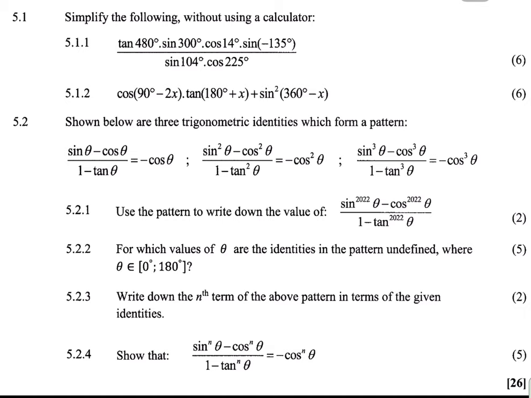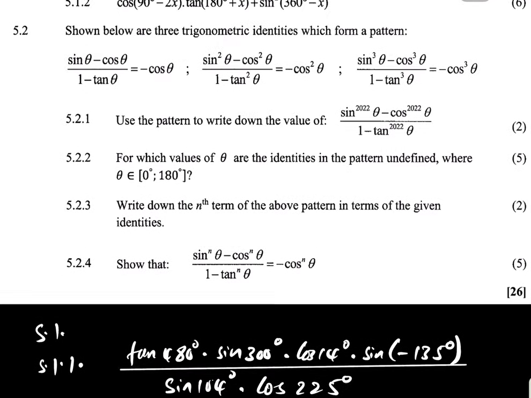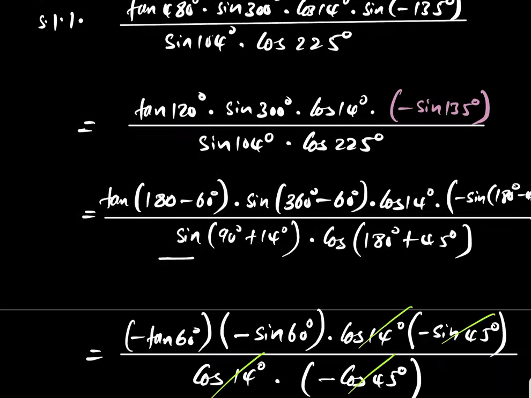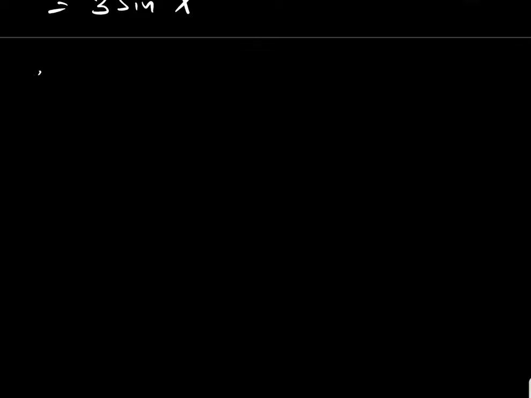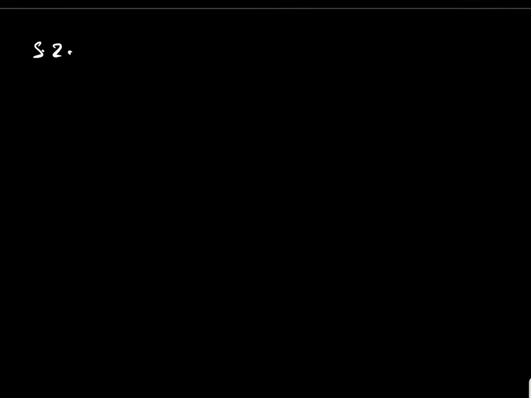So let's do that together. So that is sine of that. Okay. So let's do it. 5.2.1. We have a sine of 2022 of theta minus a cos of 2022 of theta.